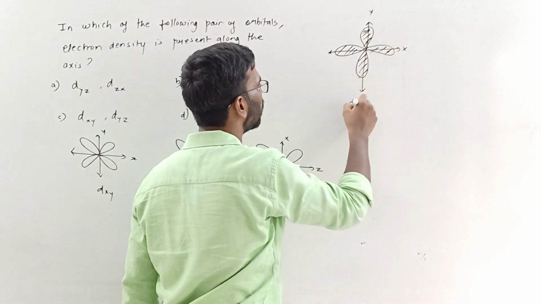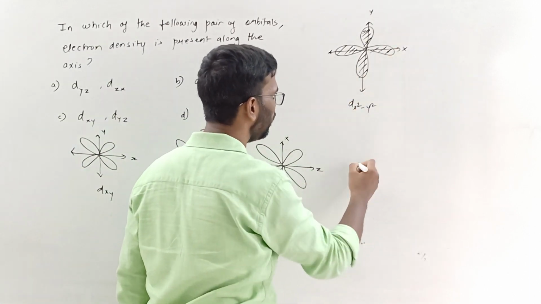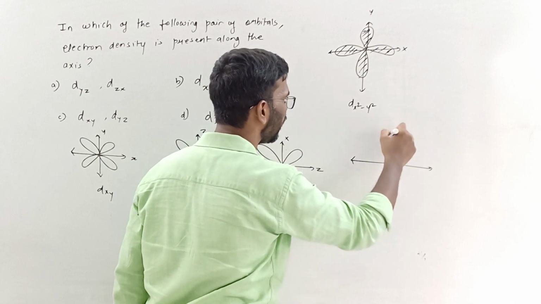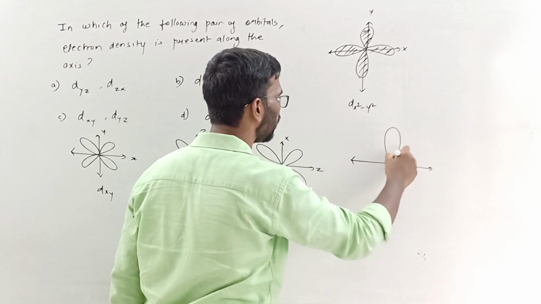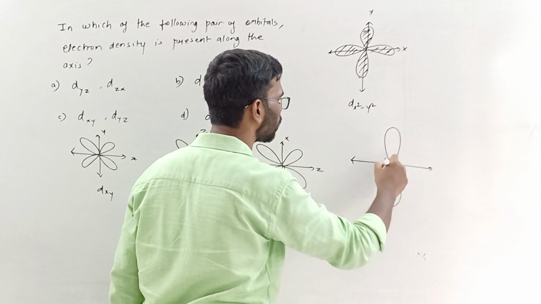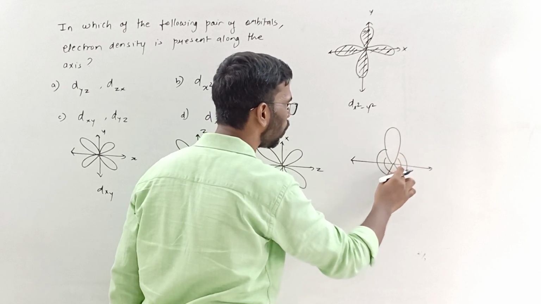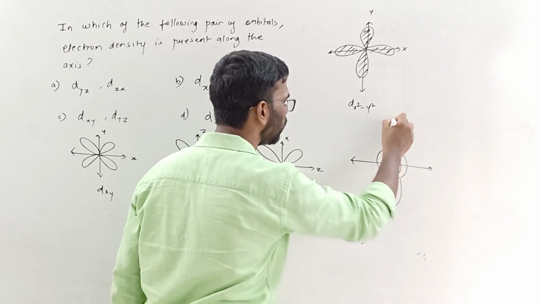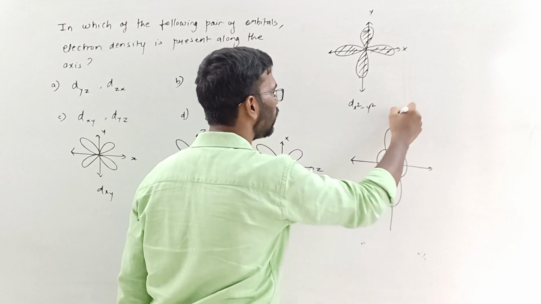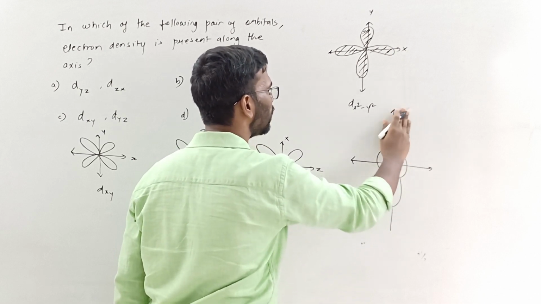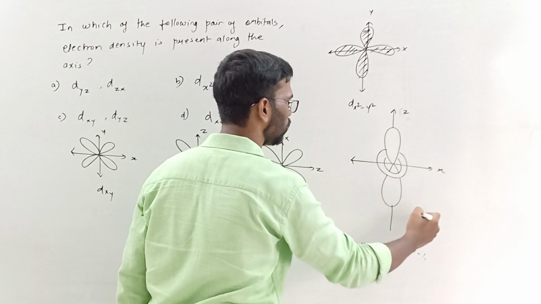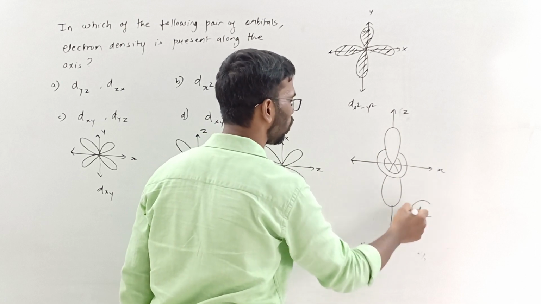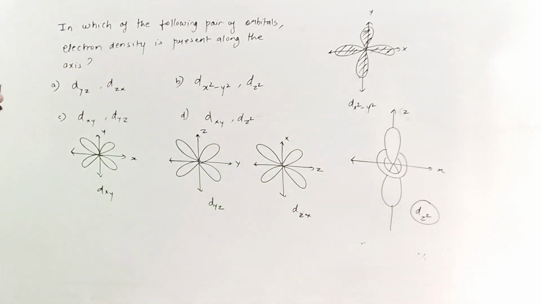And dz square is this. If this is your z axis, there is a small donut present over here. So this is your z axis, this is the x axis, so this is the dz square orbital. In which cases is it along the axis?